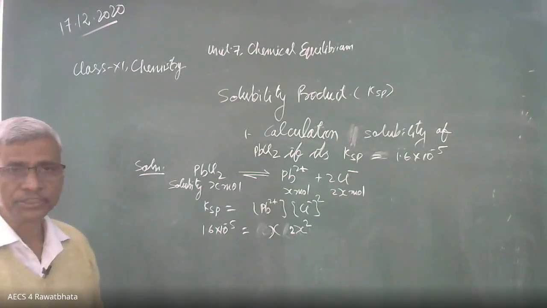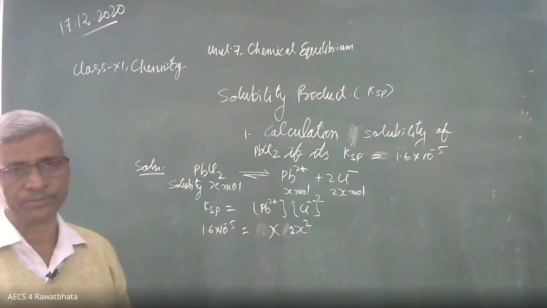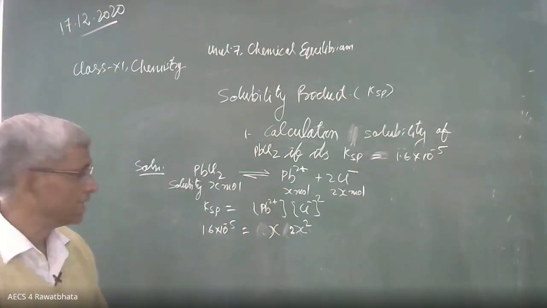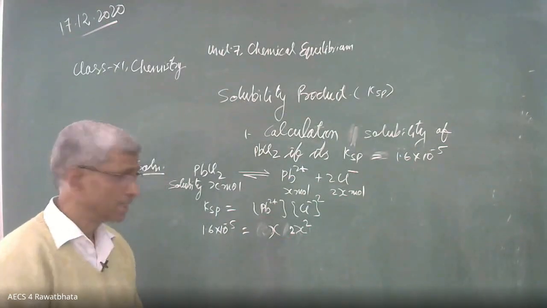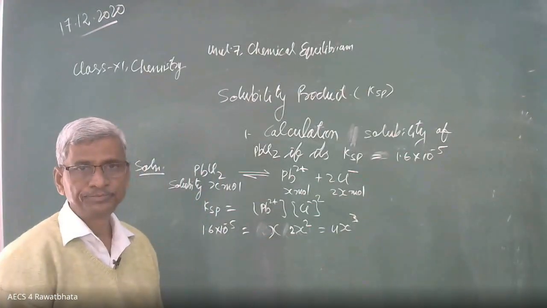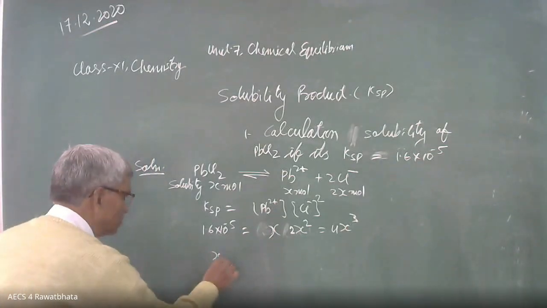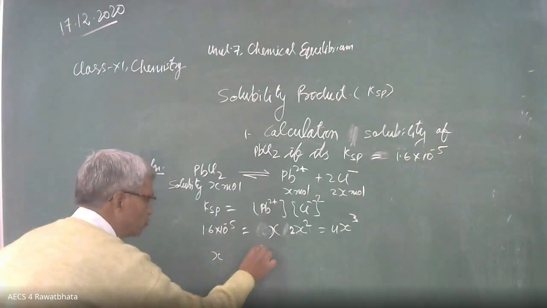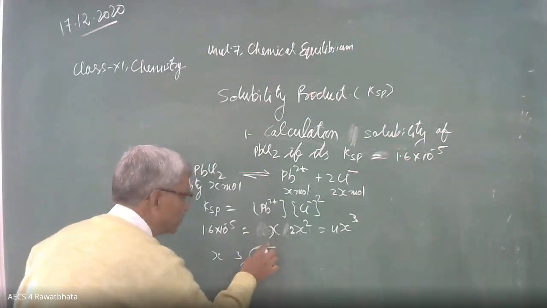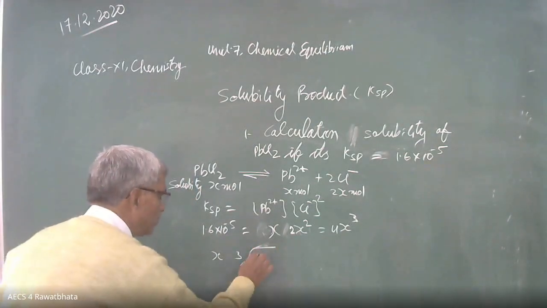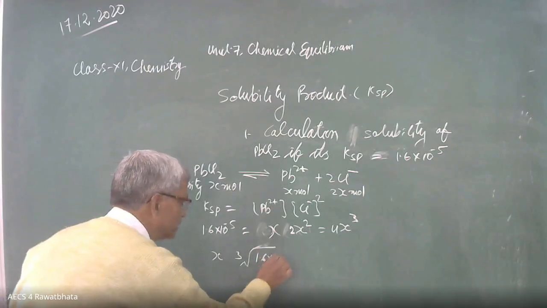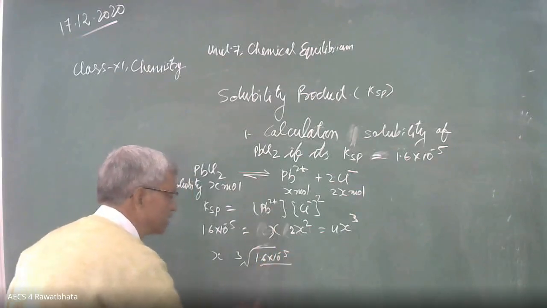Chloride ion concentration will be double of the Pb2+ concentration, and their square also. This is equal to 4x cube. So x is equal to cube root of 1.6 into 10 raised to power minus 5 divided by 4.